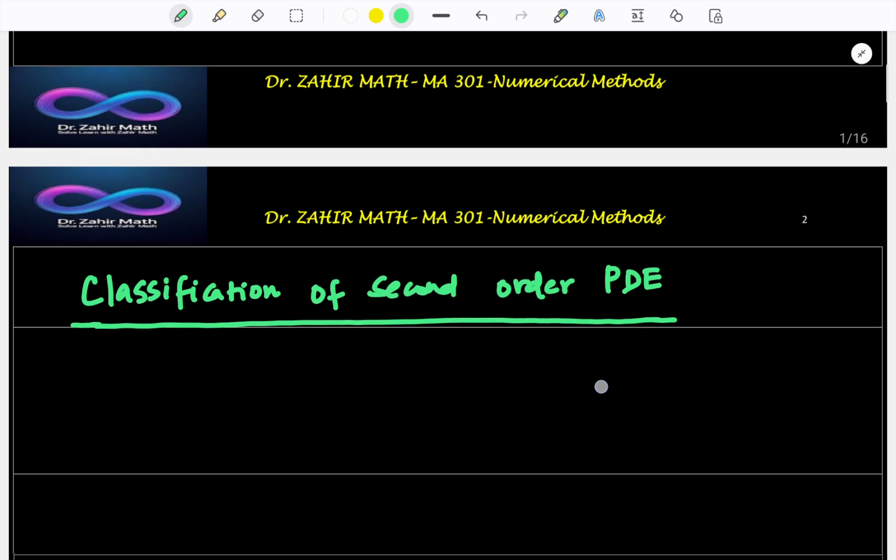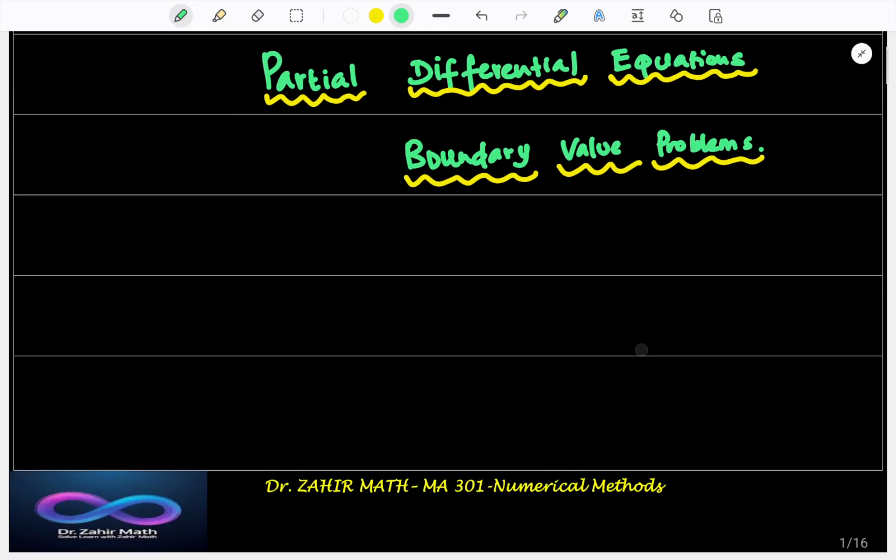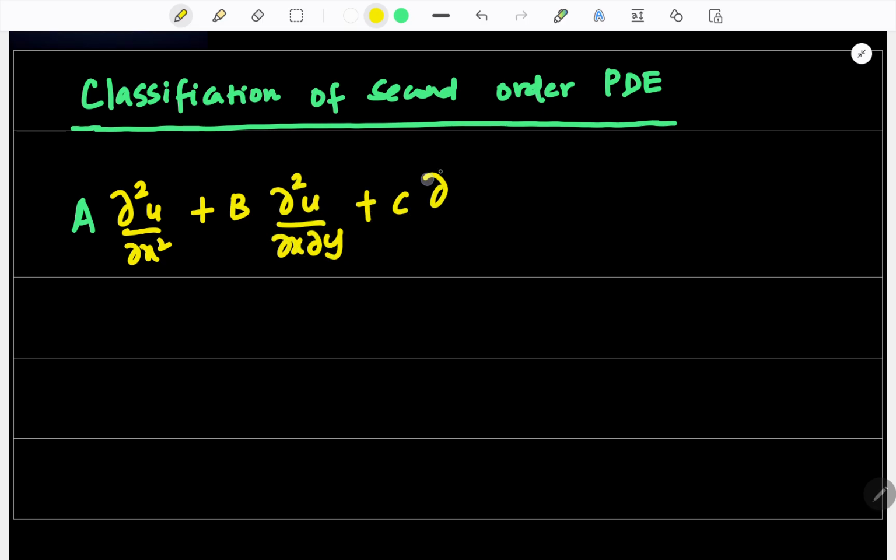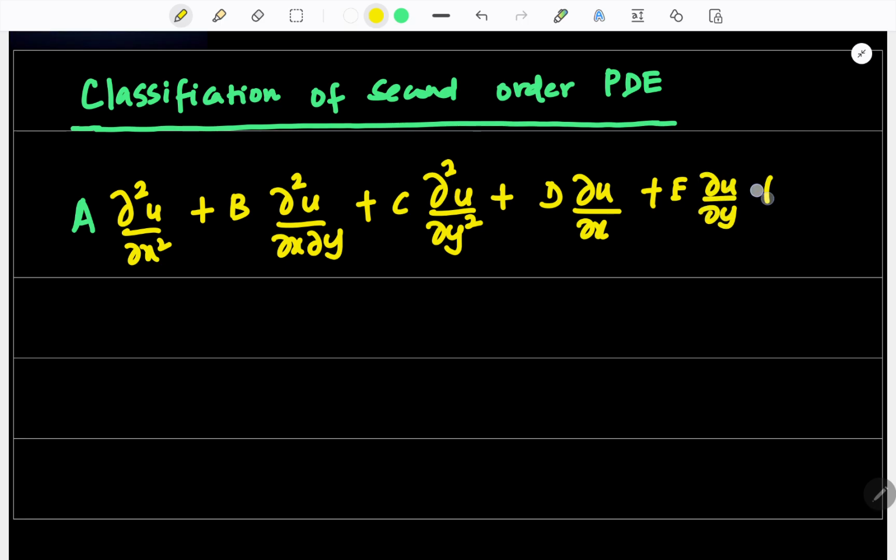Let's begin. Classification of second order partial differential equations. So what is the general second order partial differential equation, which is A into dou square u by dou x square plus B into dou square u by dou x dou y plus C into dou square u by dou y square plus D into dou u by dou x plus E into dou u by dou y plus F u equal to 0.